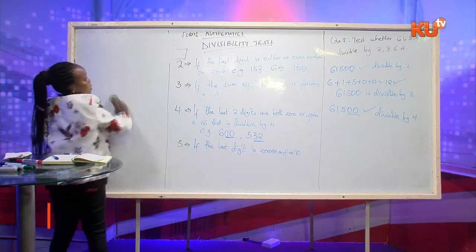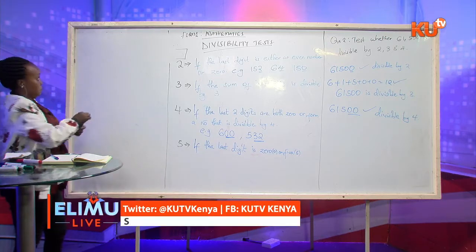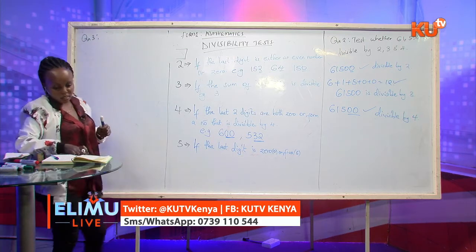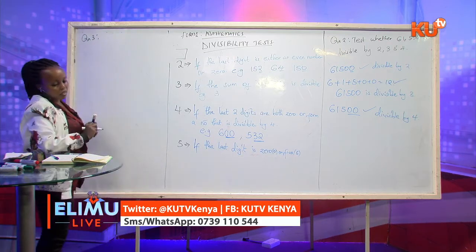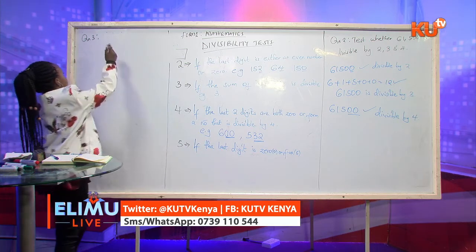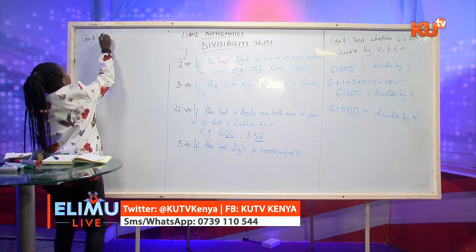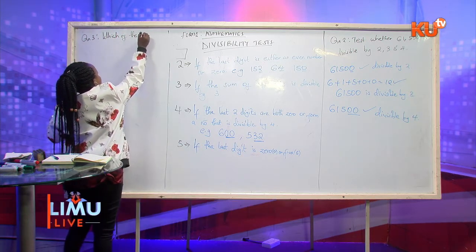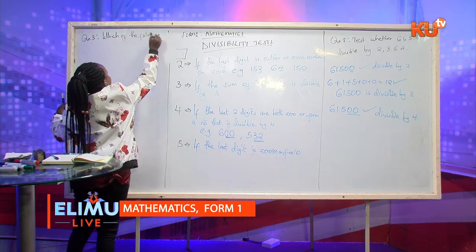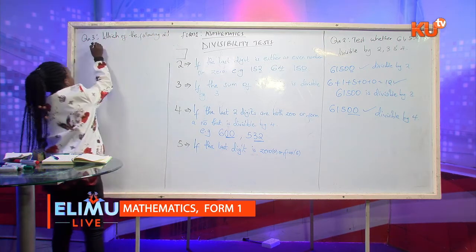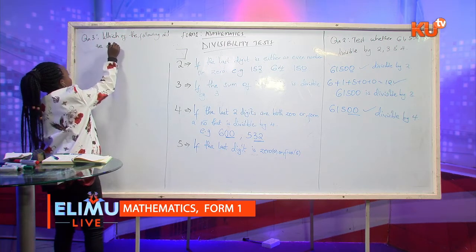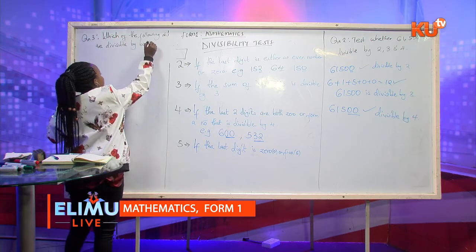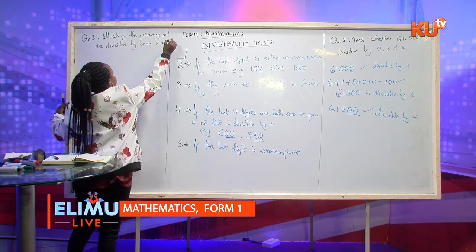So we have a question. This is question 3 now. We are being told: which one of the following numbers is divisible by both 2 and 5?